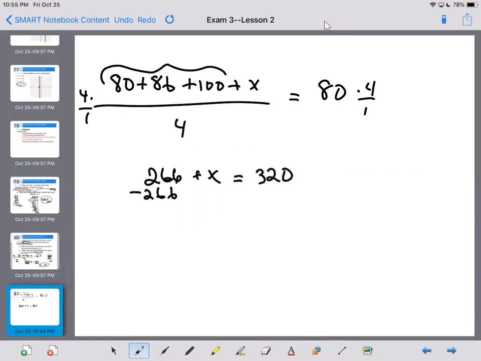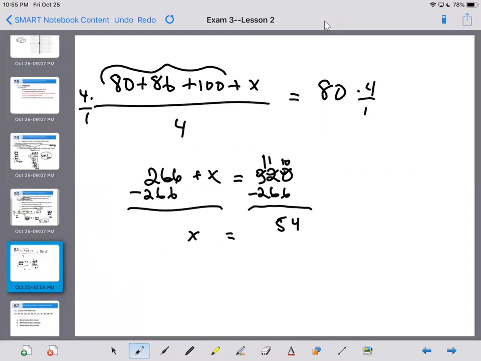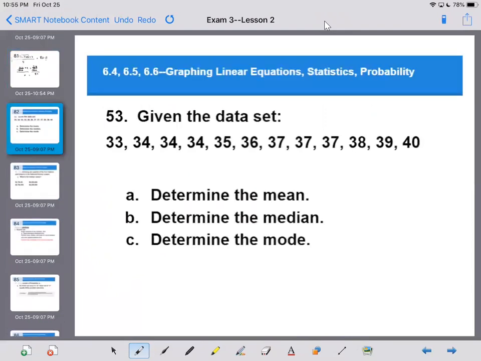So let's take away 266 from both sides, and basically Alex needs to get a 54 on the 4th exam to maintain a B in the class. So that would be, the last 2 are about trying to find averages and dealing with averages.